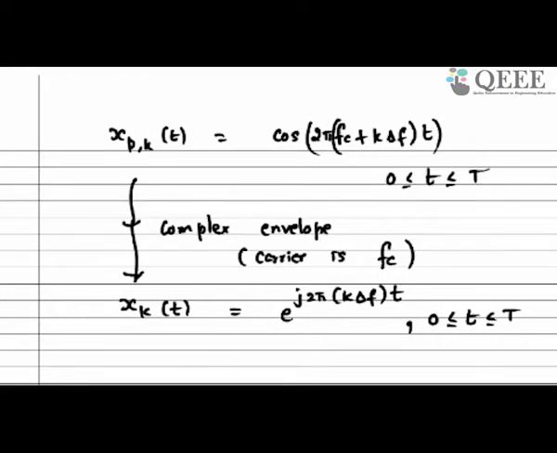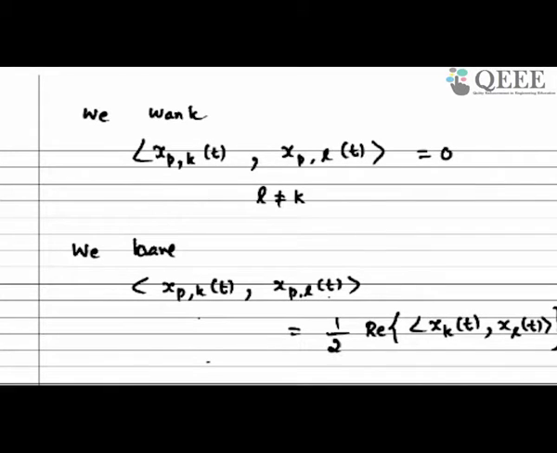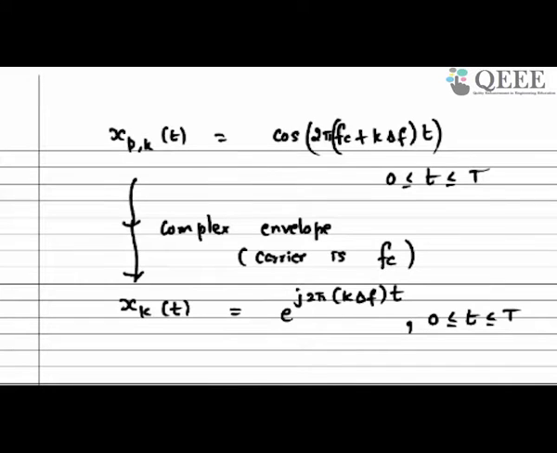Now I want the inner product of two cosine waveforms to be 0. You can do some algebra and show that the inner product between two cosine waveforms is nothing but half times the real part of the inner product between these complex waveforms.